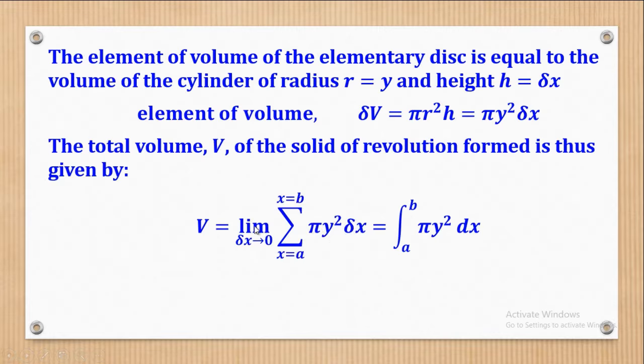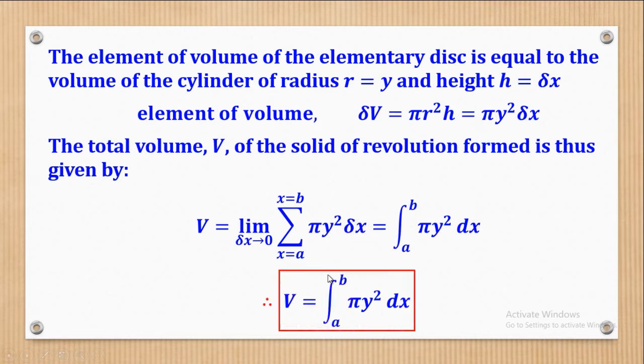So in the limit, the summation sign becomes an integral sign from a to b, where a becomes the lower limit, b becomes the upper limit, and small change in x becomes dx. Therefore, we shall come up with our volume as the integral of pi y squared with respect to x from a to b. So this is the formula which you shall be using to calculate the volume of the solid generated.